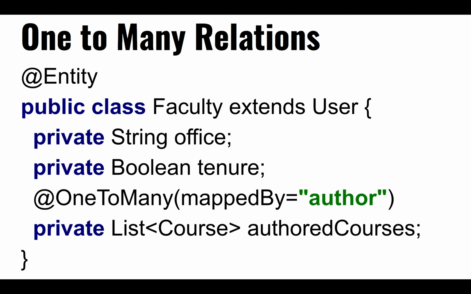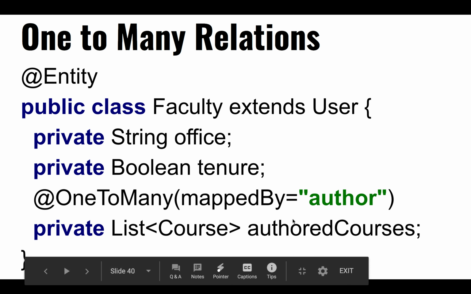It could be that I have many courses: the ones that I'm authoring, the ones that I'm teaching, the ones that I taught in the past, my favorite courses. I could have many lists of courses, all pointing to the same faculty, but I want to be able to distinguish which ones are which. So this allows us to distinguish amongst multiple lists of courses.